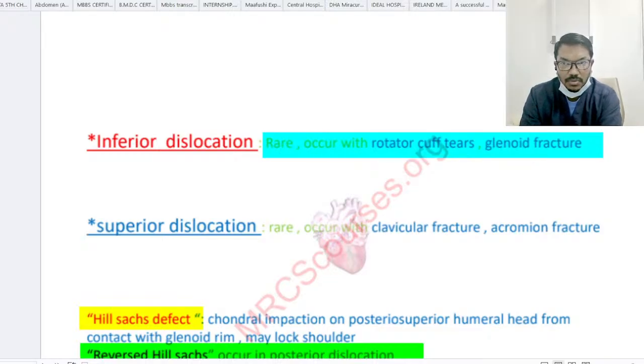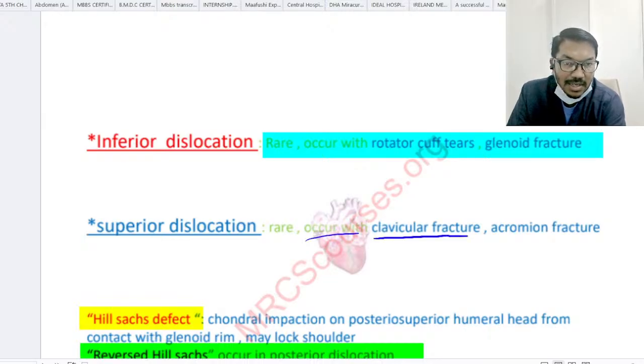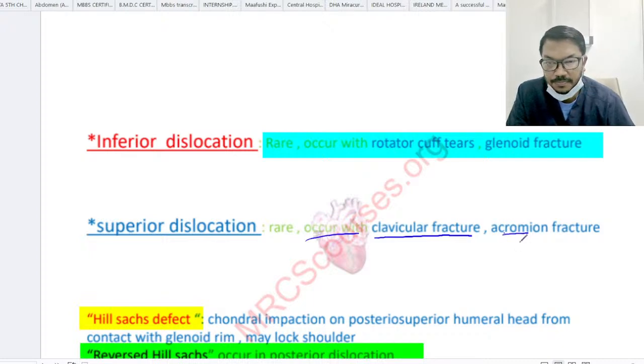In inferior dislocation, there will be rotator cuff tear and glenoid fracture, and superior dislocation occurs with clavicular fracture and acromion fracture.